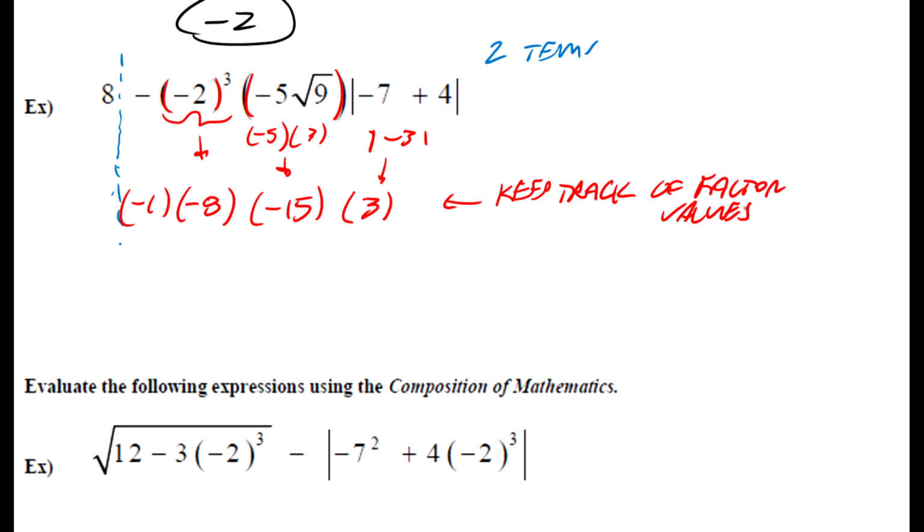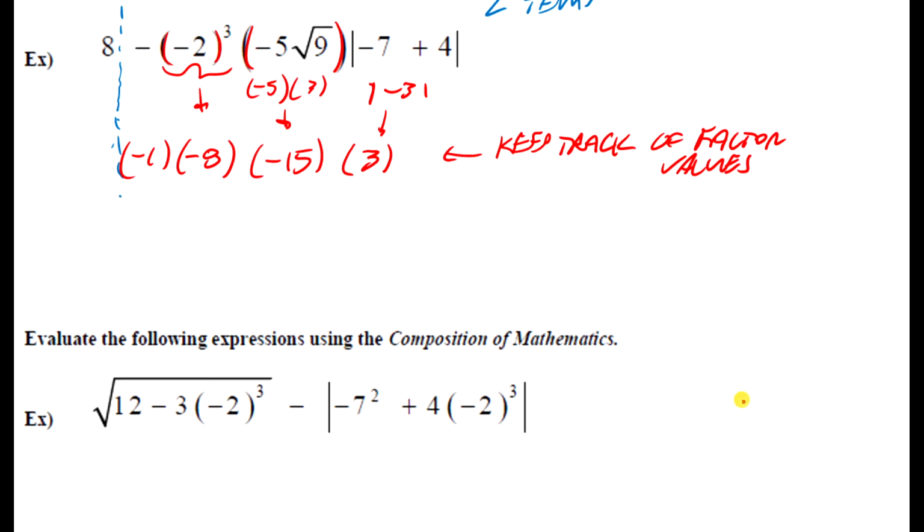So now once I have those, then I can evaluate. This would be a +8 times -15, or -8 times -15 is a +120. -1 times that times 3 would be a term value then of -360.